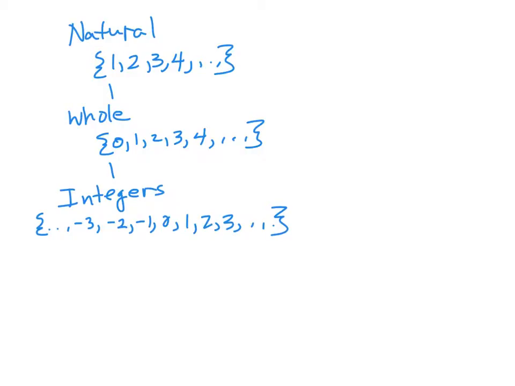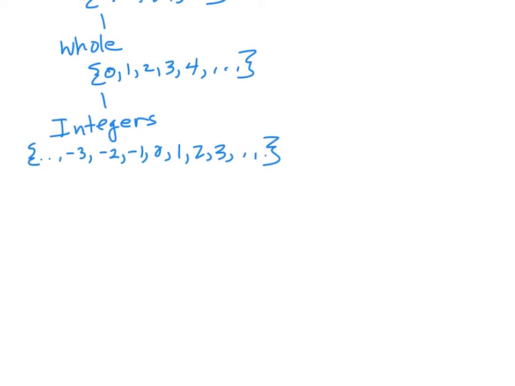Then the integers are types of rational numbers, but we also had irrational numbers. So this is where we pick up our fractions and decimals.